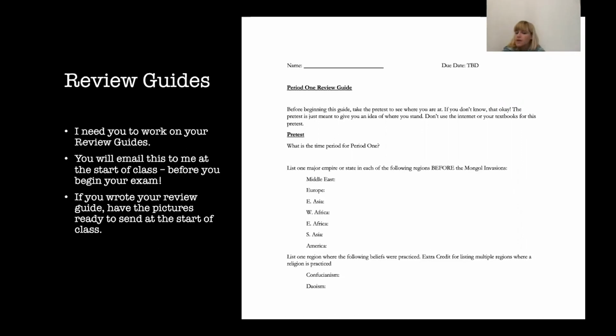I will give you time in class before opening up the exam. But if you printed it out and you're taking a picture of it, please have that picture taken before. Again, you're going to email this to me and I will give you a grade for this. So make sure you have it done. Also, make sure you have it done because this is what your exam is going to be on. So do yourself a favor and do it.